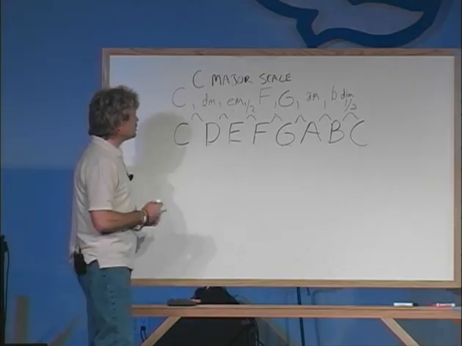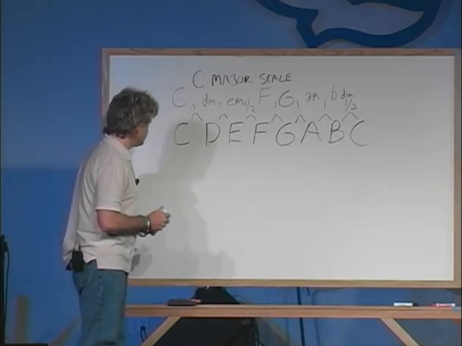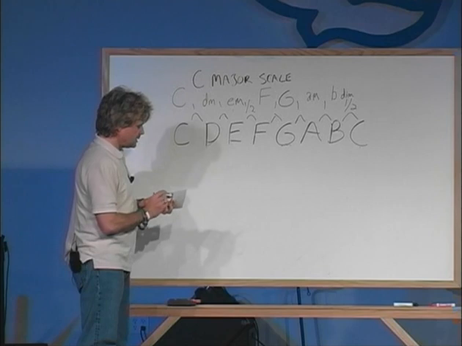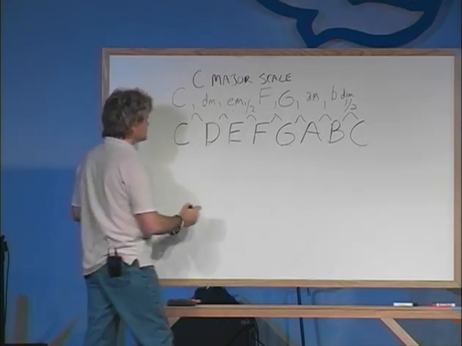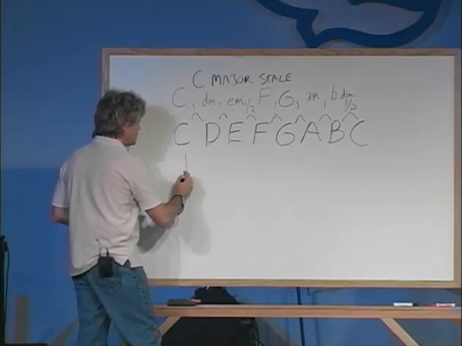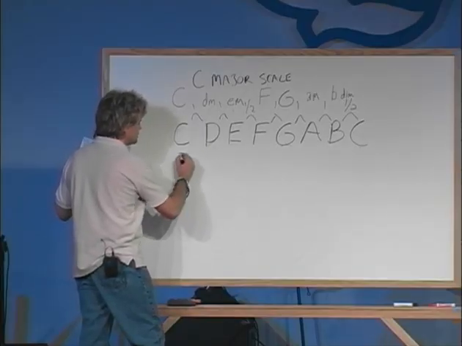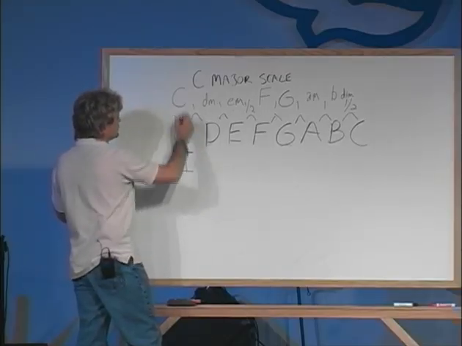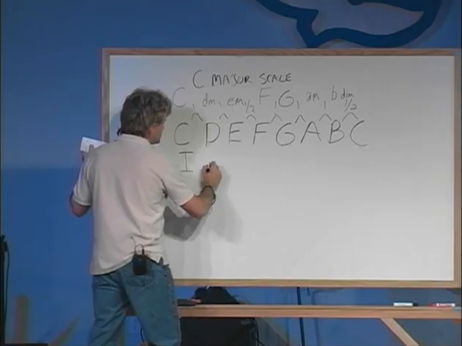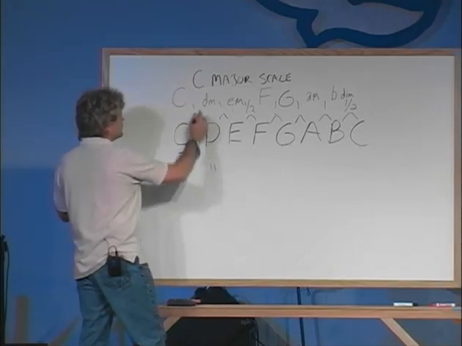Okay, now what we're going to do is use Roman numerals to show these chords, and we're going to keep with our capital system in the sense of big Roman numeral I, or 1, for C. We're going to use 2 small i's for D minor.